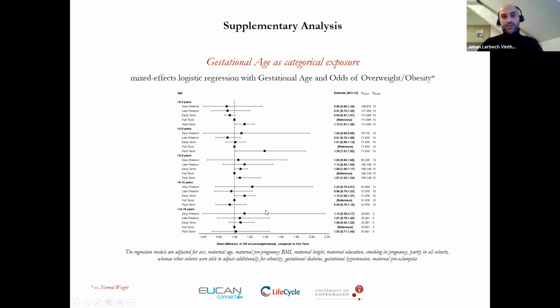So this is quite interesting and supports some of the previous findings that being born preterm increases the odds of being overweight and obese around adulthood. So these are quite interesting results.